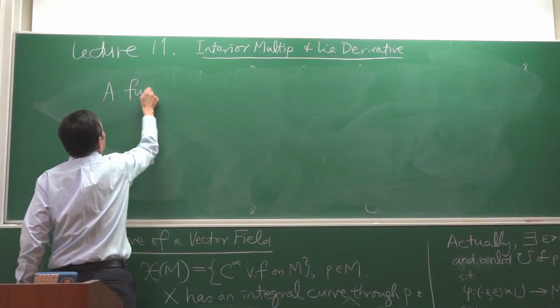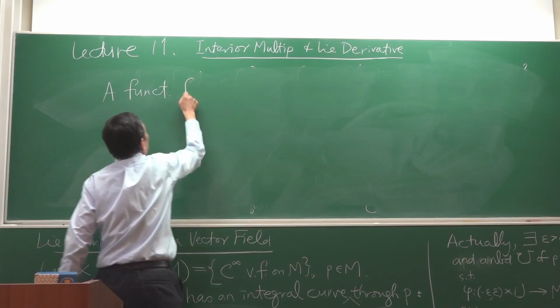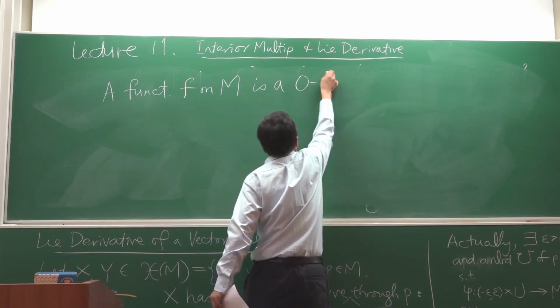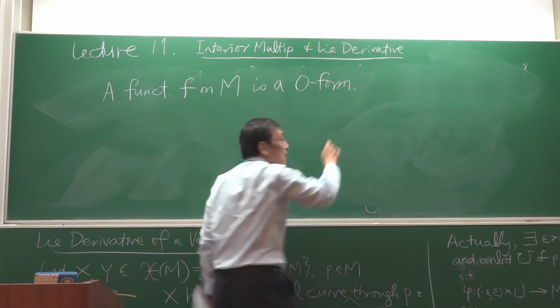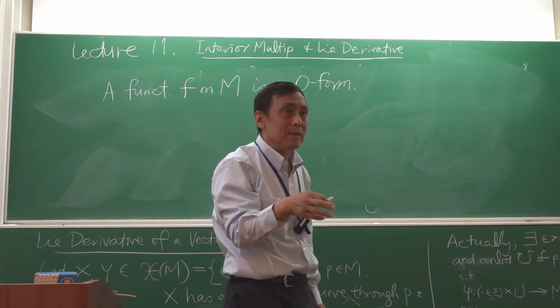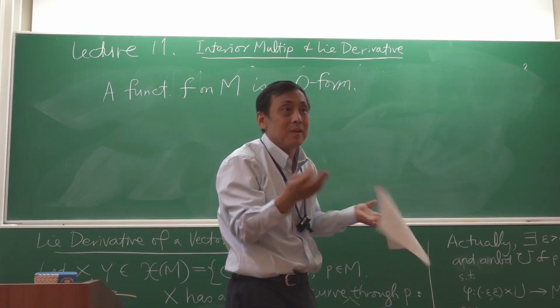A function f on M is a zero form. That means it has no arguments. At each point, you just have a number.